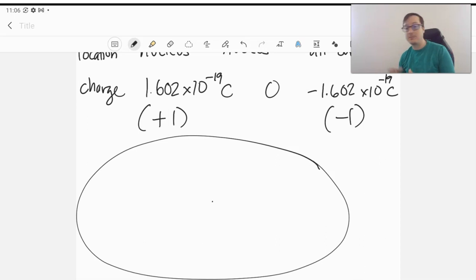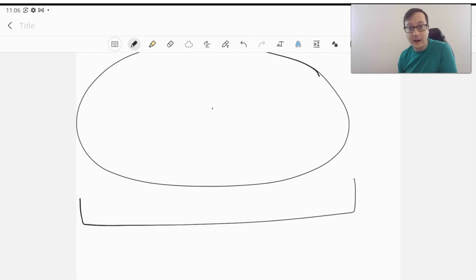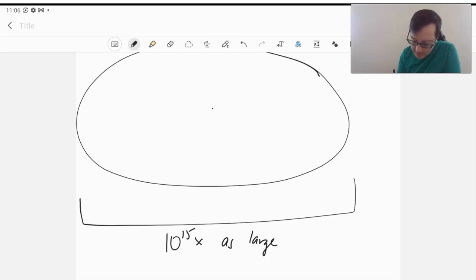Remember, the electrons zoom all over the place in different pathways and probabilities. But what's interesting is that this outer area is 10 to the 15 times as large as the nucleus. So the nucleus really is a speck.